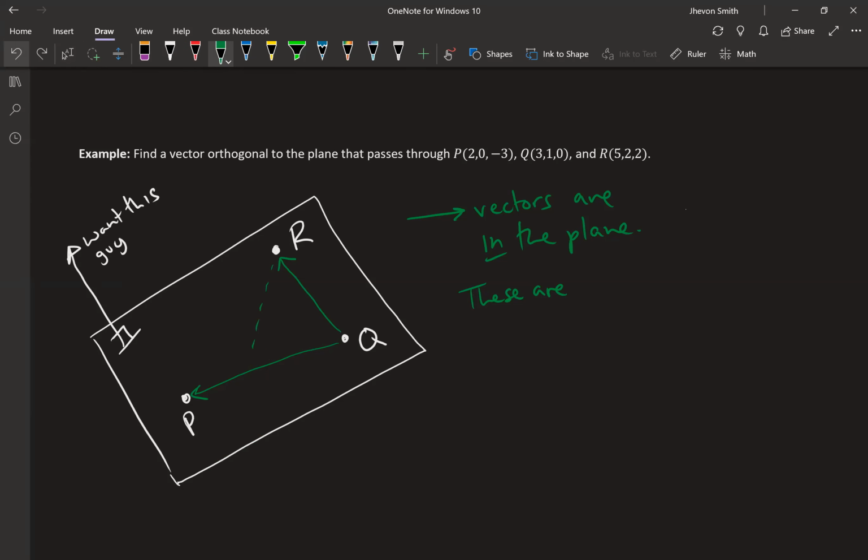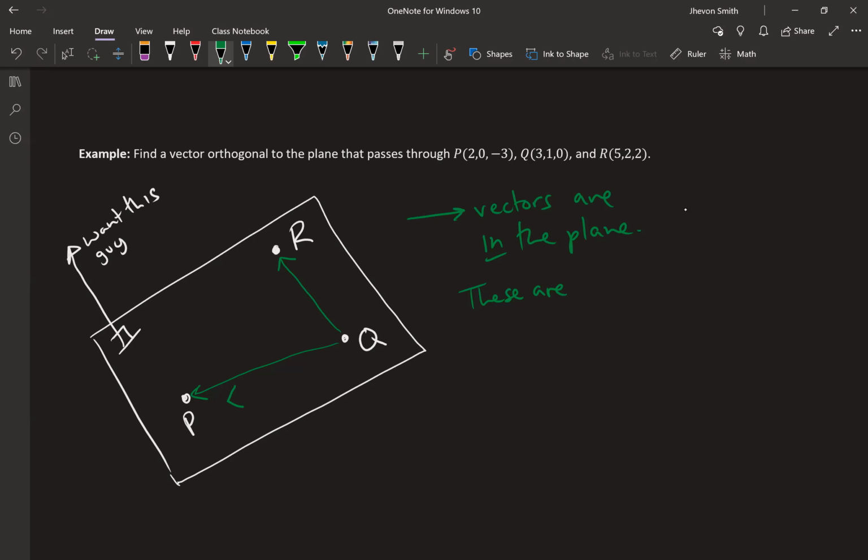I would just find another vector that's parallel. I would recommend subtracting from Q to P, like PQ and PR. That would be finding the actual vectors. So PQ, let's actually just find them. If I want to find PQ, what would the numbers be?